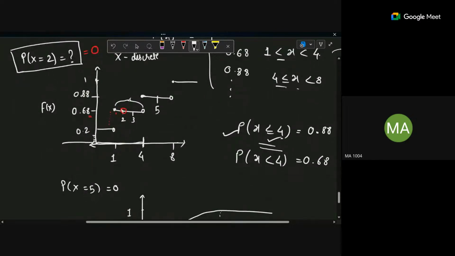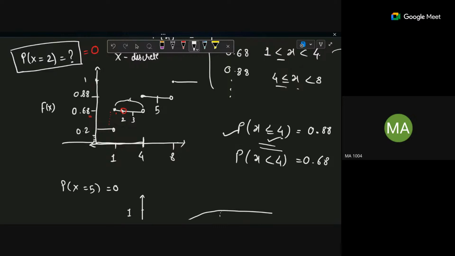But just let me clear one thing. Probability between 1 to 4 is not 0. If you ask the probability at a particular point which is lying between 1 and 4, at that time you can say yes, its probability is 0. And I am saying 1 and 4 are not included because probability at 1 is not 0 here.